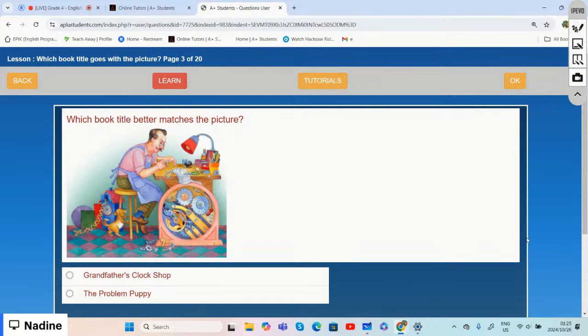The next one says, which book title better matches the picture? Is it option one, Grandfather's Clock Shop, or option two, The Problem Puppy? Which one is correct?